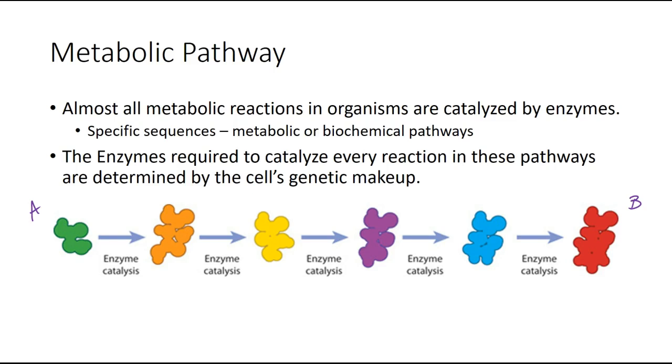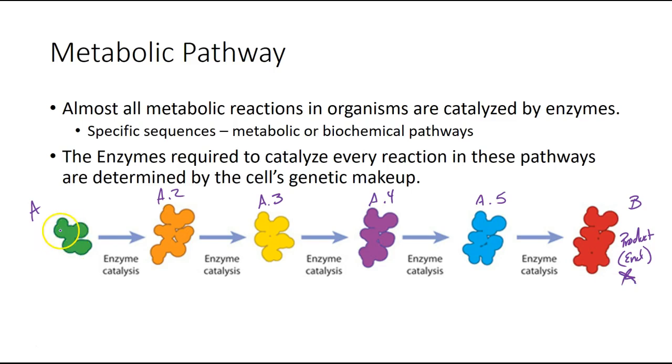We have to produce A point 2 and A point 3 and A point 4 and A point 5 in order to get to B as our product. This is the preferred product that we want as an organism to produce.